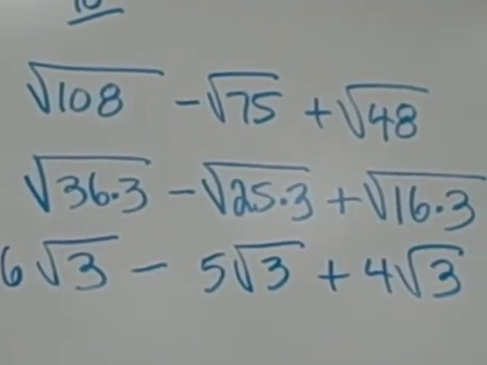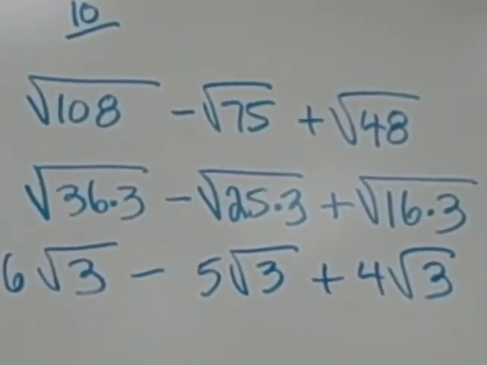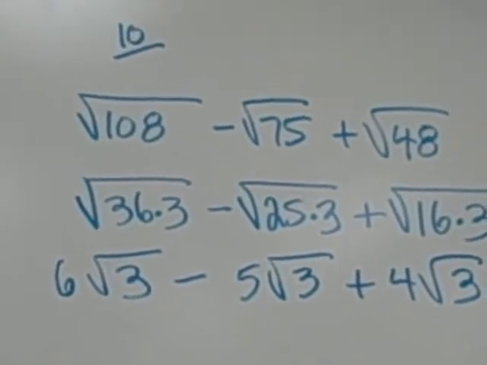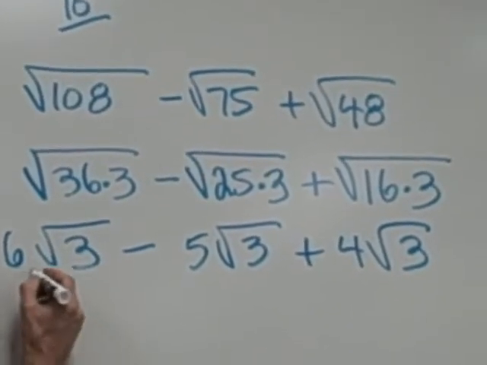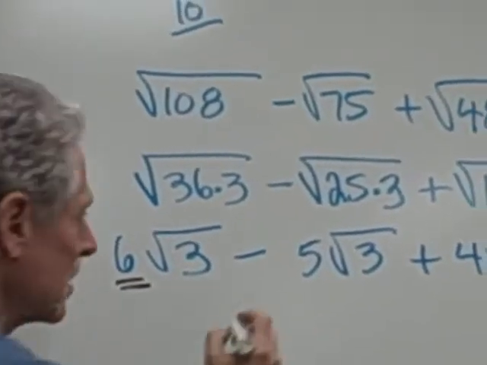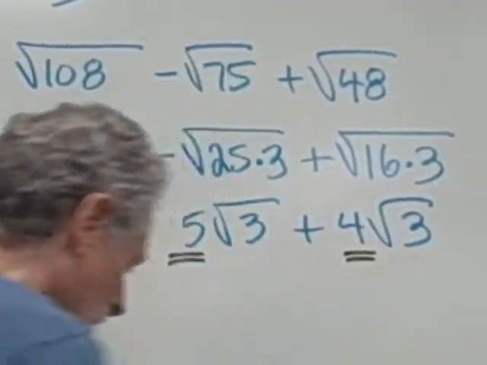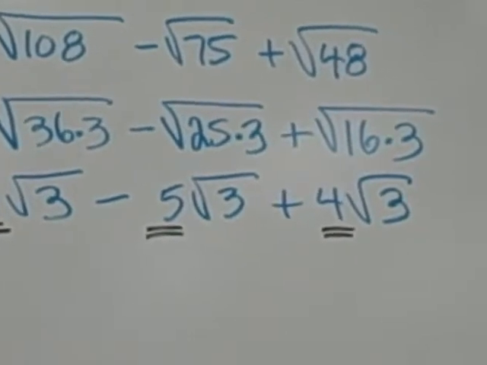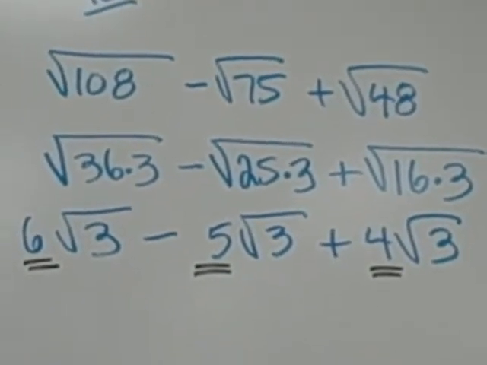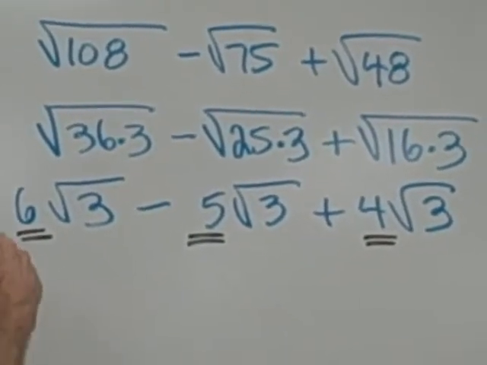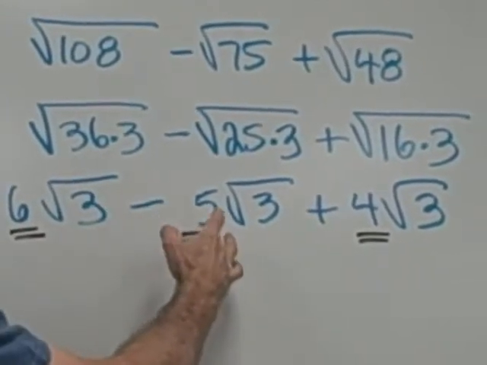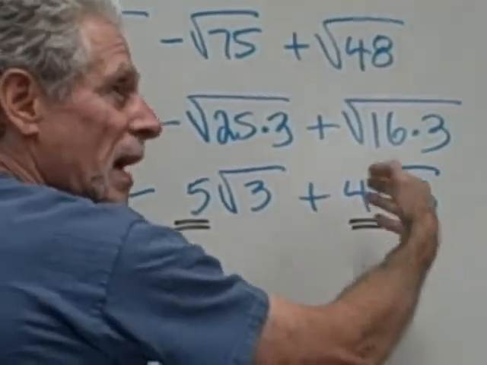These are called radical-like terms. The 6 is called a coefficient. The negative 5 is called a coefficient. And the 4 is called a coefficient. This is no different than saying 6x minus 5x plus 4x.